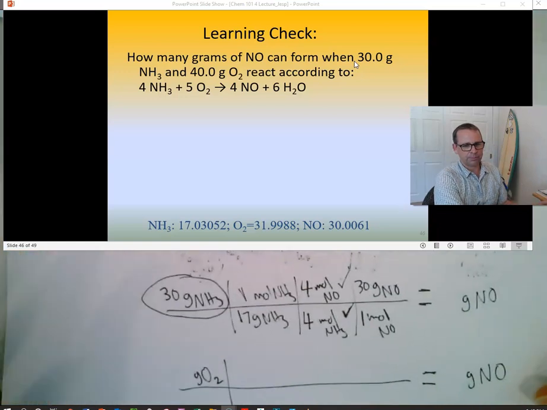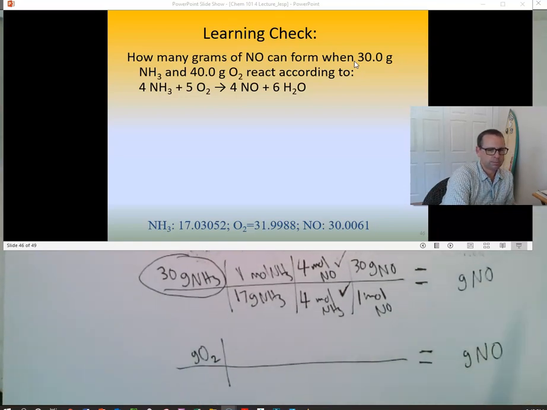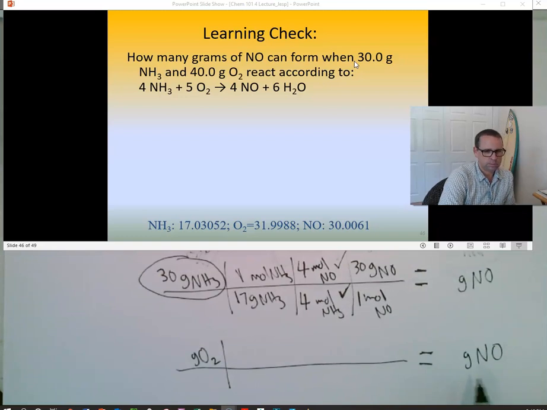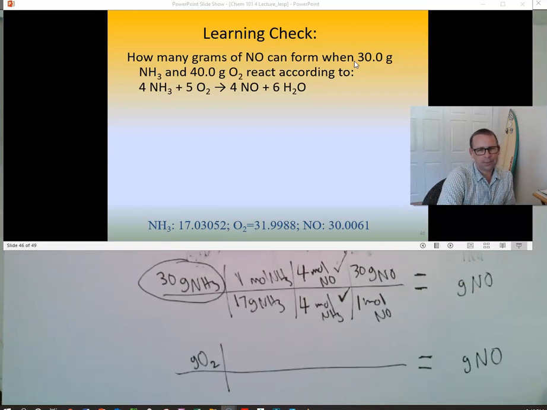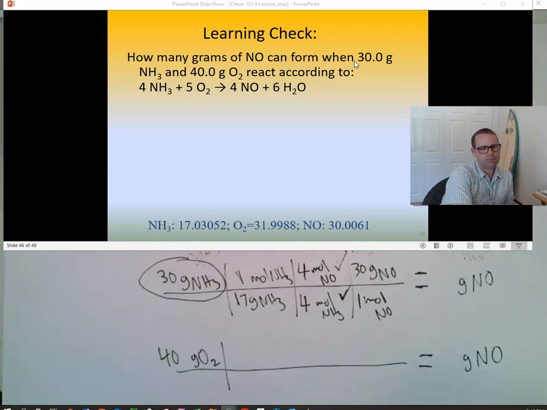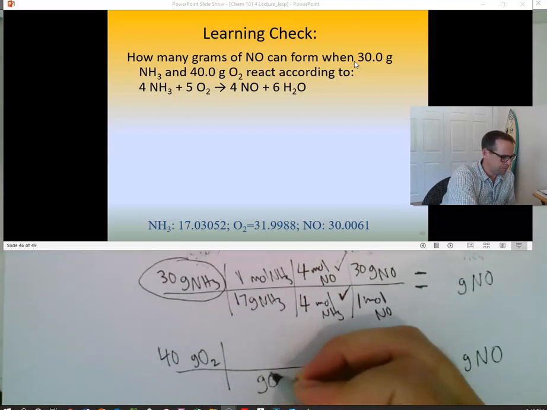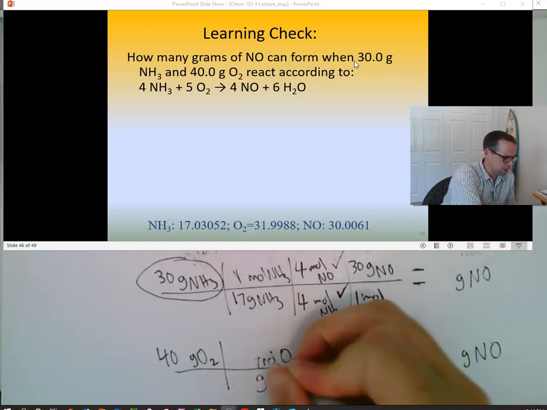Okay. Very good. Now, let's do the grams of oxygen to grams of NO. So before I get distracted, let's put in 40 grams of oxygen. Good. Then below, we'll put in the moles.